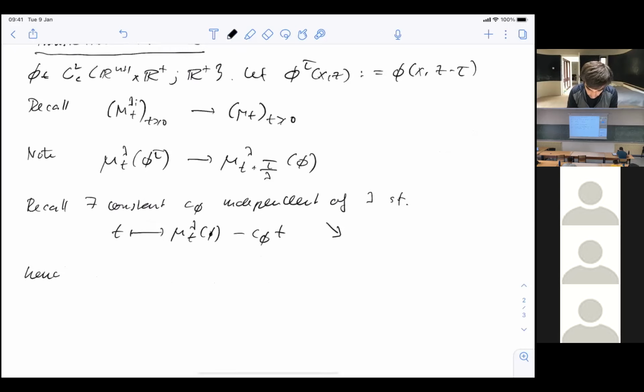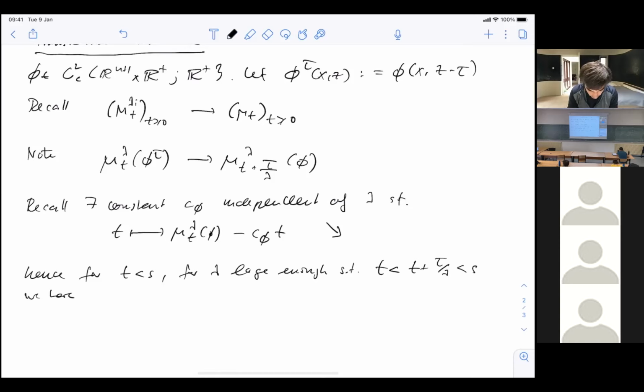So hence, for t less than s, we take lambda large enough such that t is less than t plus tau over lambda, which is less than s.